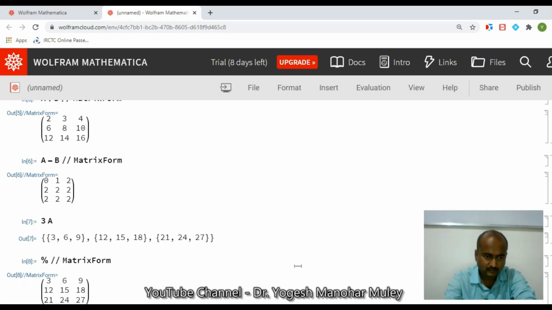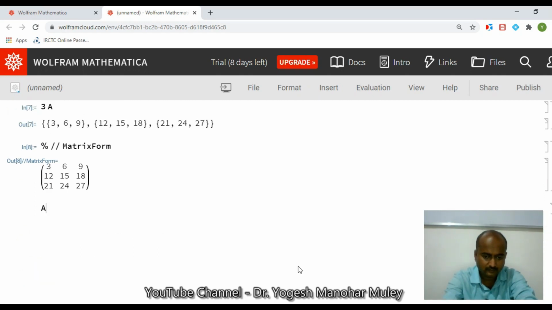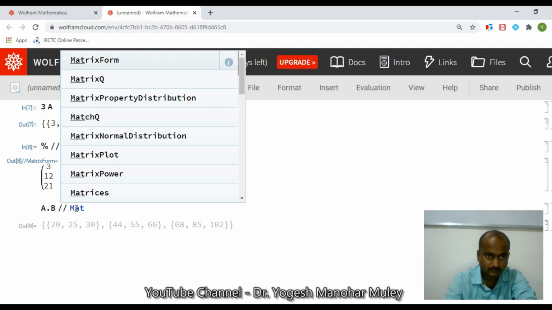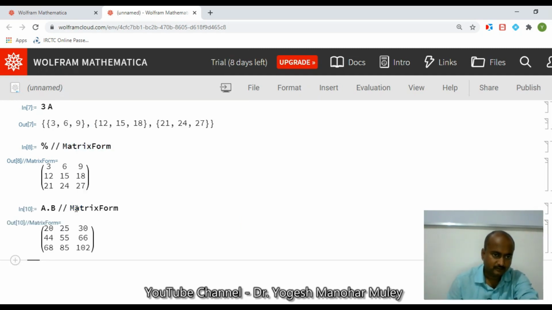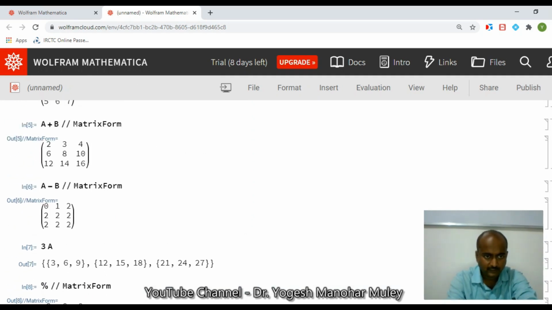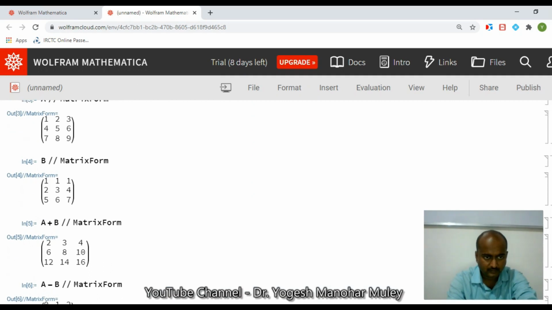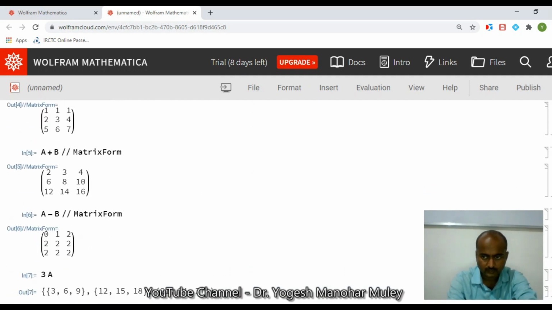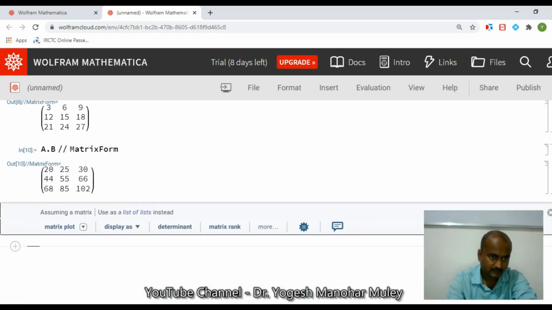And A star B or A dot B gives us multiplication. I will write here directly double backslash MatrixForm, shift enter, and this gives us the matrix form of A dot B. You can clearly see, okay, it is correct.